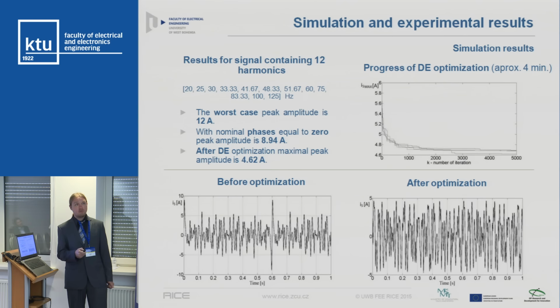With initial 0 phases for all these sinusoids, the result is 8.94 amperes, and after differential evolution optimization, the maximum peak amplitude was reduced to 4.62 amperes. This is how the reference current looks like before optimization, and this is how it looks after optimization. This is the progress of the best maximal amplitude. It takes approximately 4 minutes on the computer.